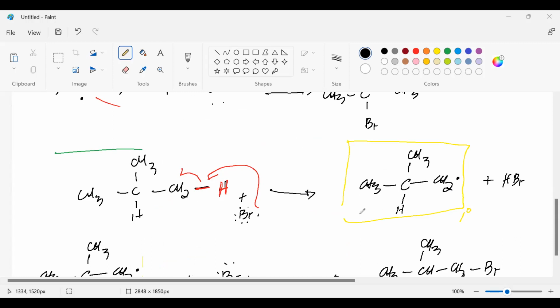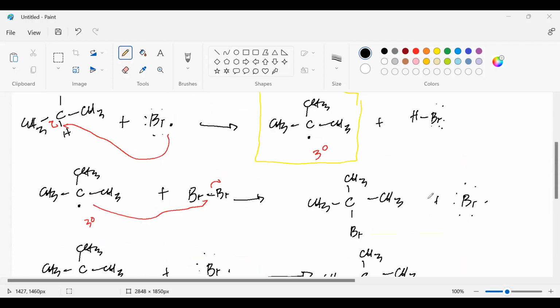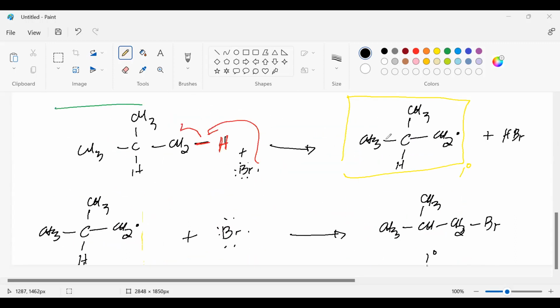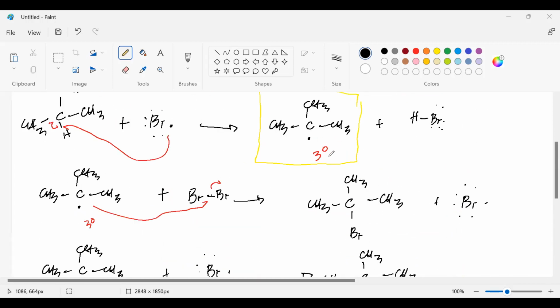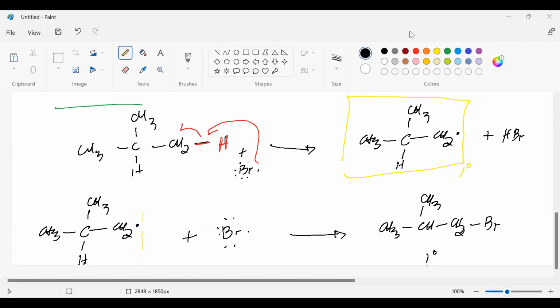So the energy required to abstract hydrogen here to produce a 1-degree radical is actually much higher, and it is for the same reason that the bond dissociation energy is much less here as compared to here, because the 3-degree radical is much more stable than the 1-degree radical.